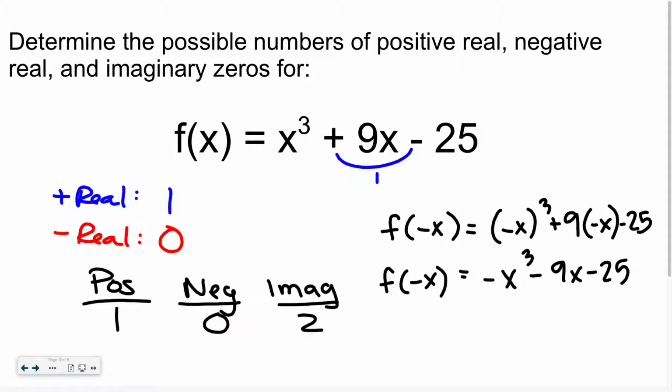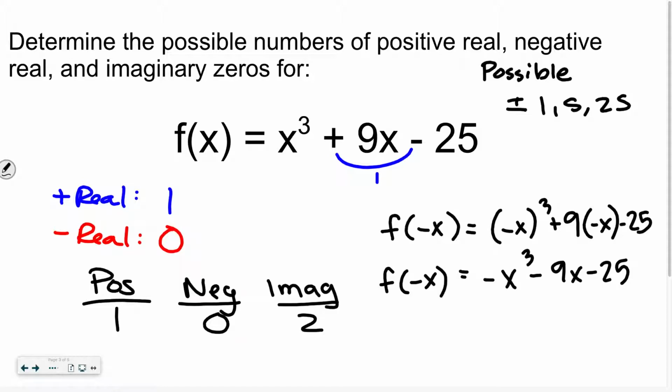So then my other option is synthetic guess and check, but then I have to make a list of possible zeros. So I do my plus or minus p over q: 1, 5, 25. That narrowed it down for synthetic guess and check. Instead of having to check negative infinity to infinity, now how many numbers do I have on that list? 6, 3 positive and 3 negative.